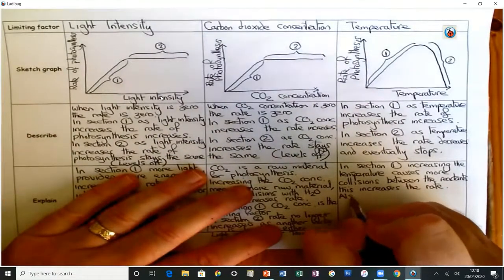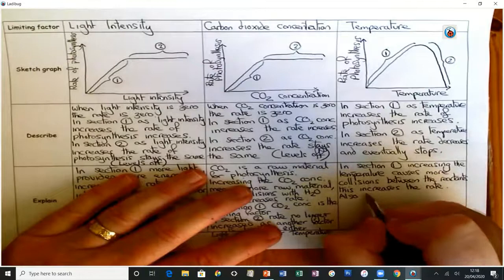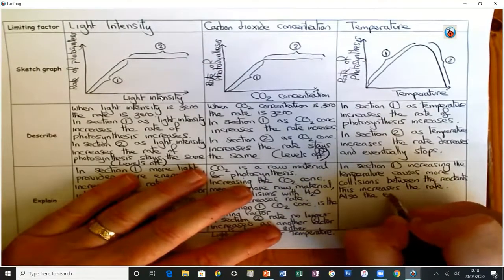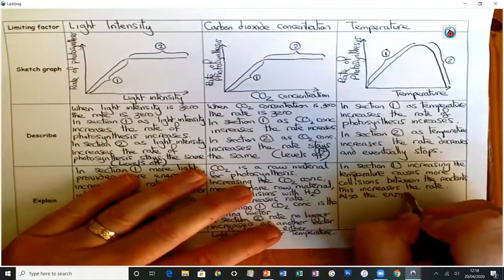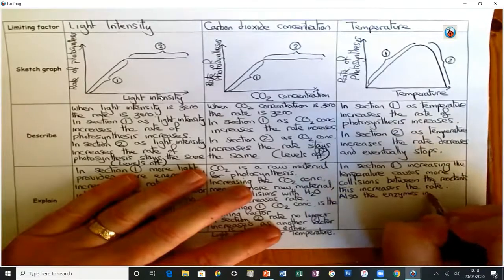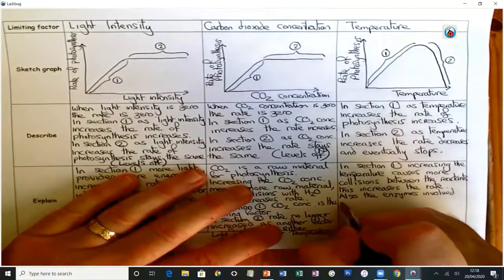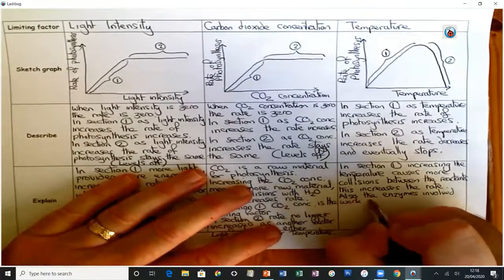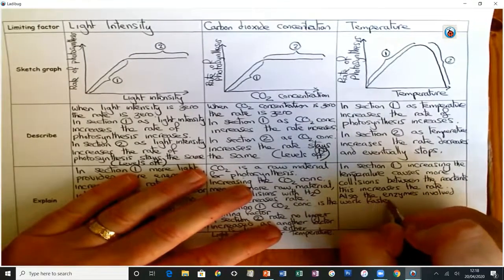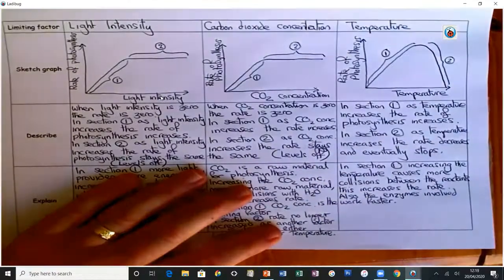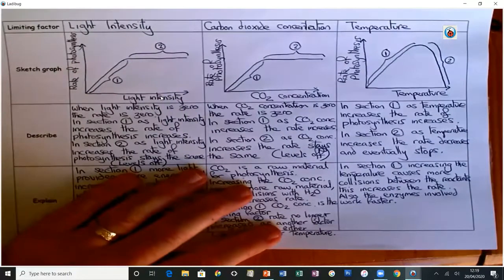So also, the enzymes involved work faster. Okay, so that's why as we increase temperature in section 1, the rate of photosynthesis increases.